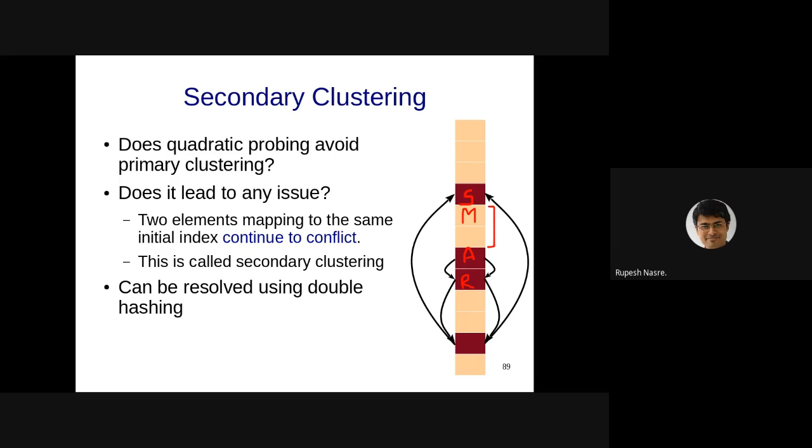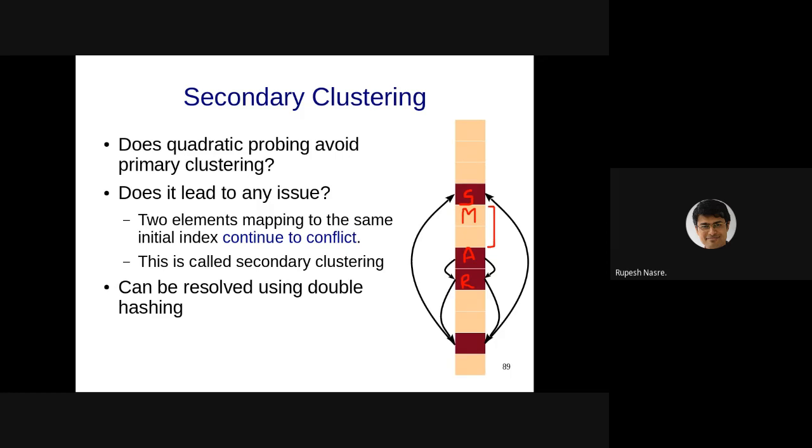But after that, it will go to some other index, which is also possible to be occupied. That is okay. But if R is getting indexed at A, the next entry that will be looked for R is not going to be the same entry which we had looked for M, because the index is going to be different.